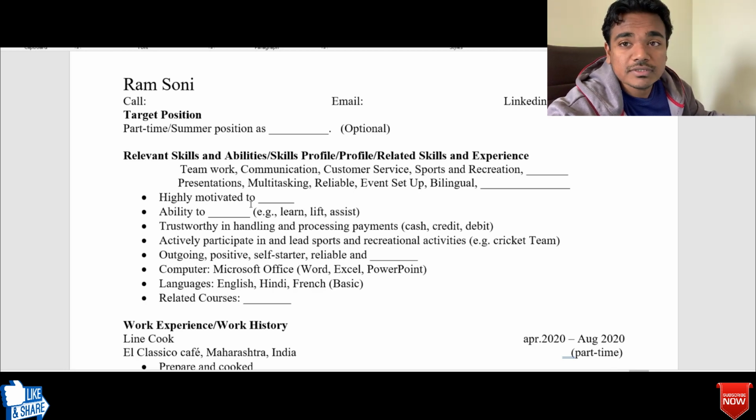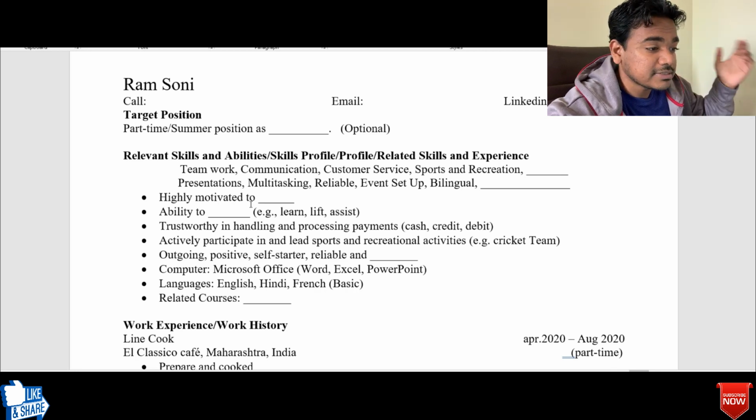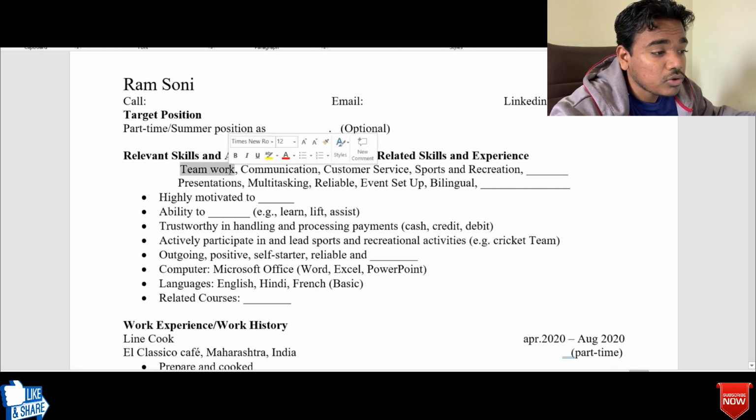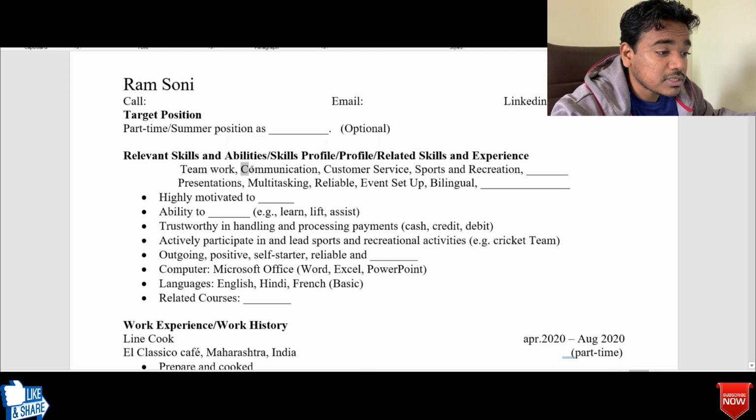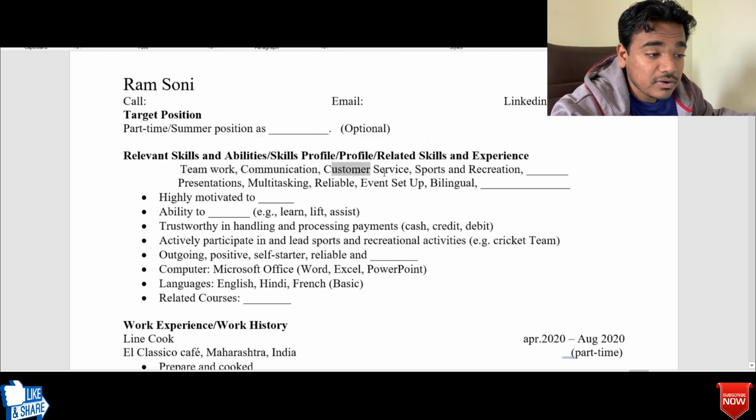Okay, you can also use synonym words, which will make your resume different, but still your chances are higher to get shortlisted by the system, right? So maybe they are looking for a person who can do very good teamwork. So teamwork, a person who is good in communication should be your skill. Service should be your skill.